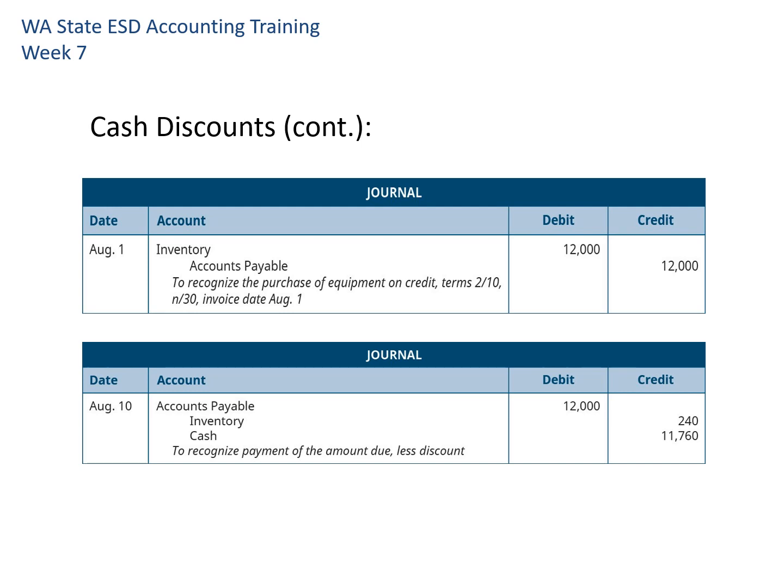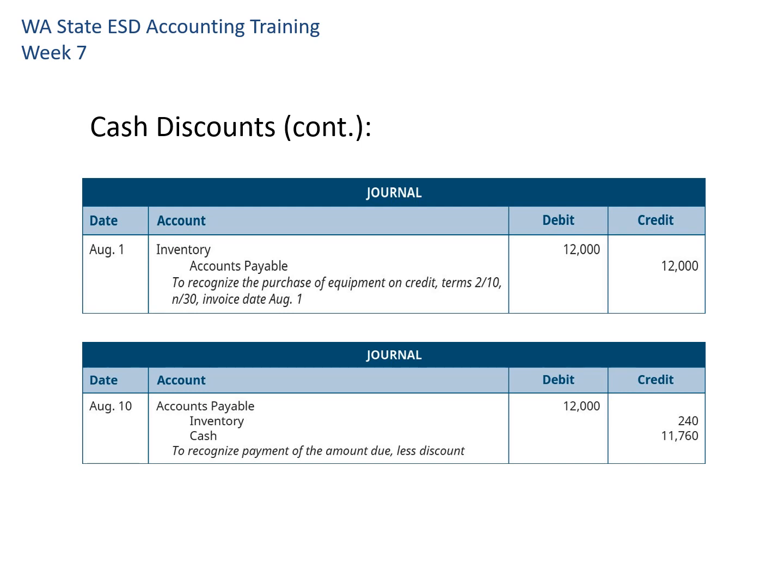Then when I make my payment on August 10th, I am going to debit accounts payable to wipe that $12,000 off the books. I'm going to recognize that discount by crediting inventory for 2%, or in this case, $240. That reduces the cost of the stuff that I have on the shelf that I'm going to sell to customers.